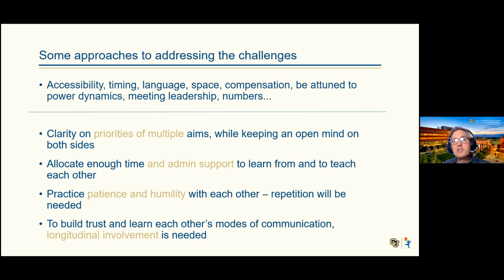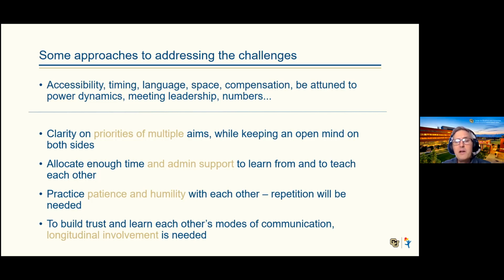The idea that people come to the table with different amounts of background knowledge also means that you really have to allocate enough administrative support and time for people to learn how to learn from and to teach each other. Repetition will be needed, and so patience and humility as people work their way through these processes is very important.